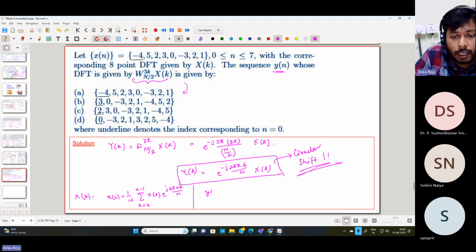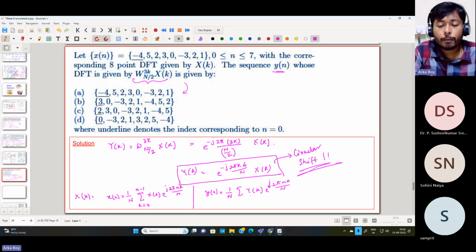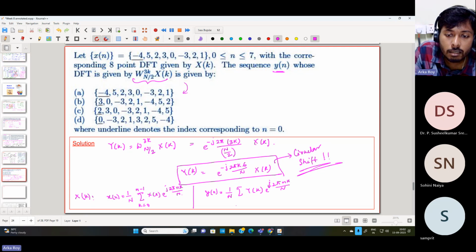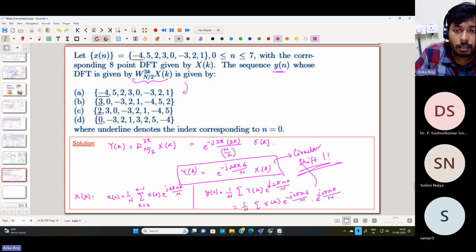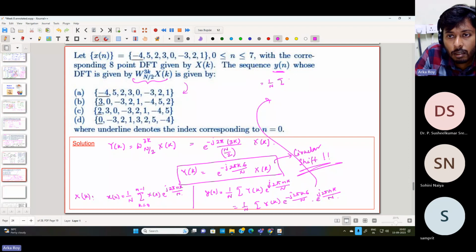So over here y[n] will be nothing but 1 upon N, Y[k] e to the power j 2 pi nk by N. Now I can write Y[k] conversely as this thing: 1 upon N summation x[n] e to the power minus j 2 pi kn by N, e to the power j 2 pi nk divided by N. So if I just exploit this at this particular position, it would be 1 upon N summation x[k], then e to the power minus j 2 pi by N, that is fixed, and k is also fixed.